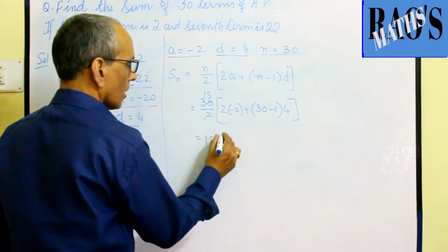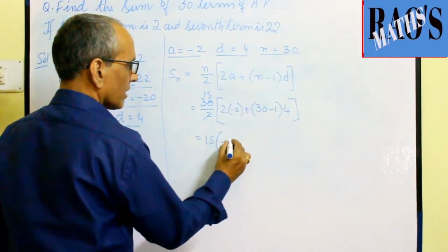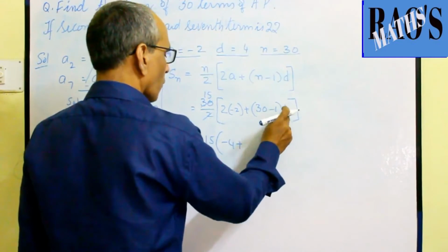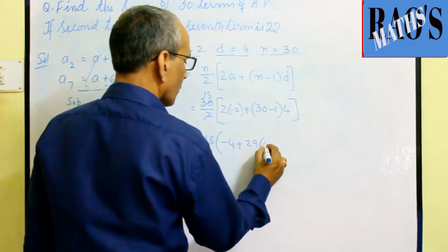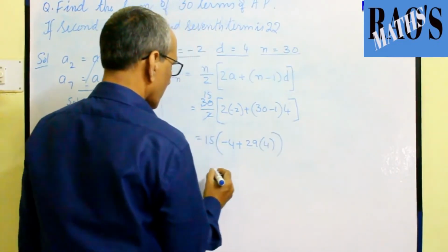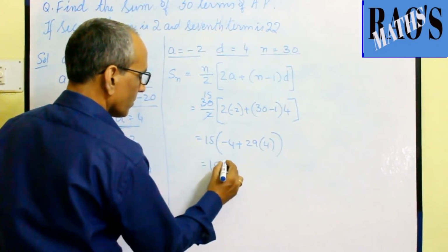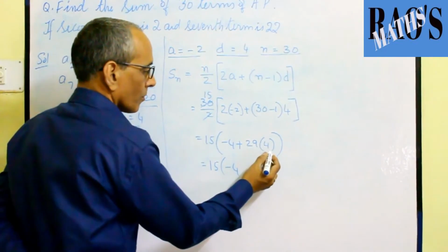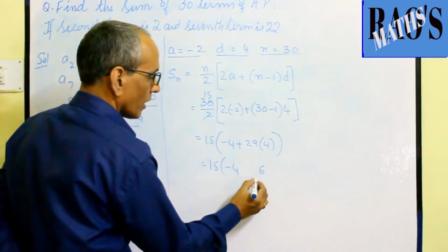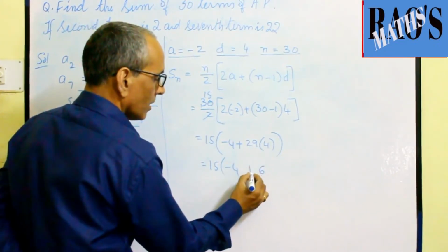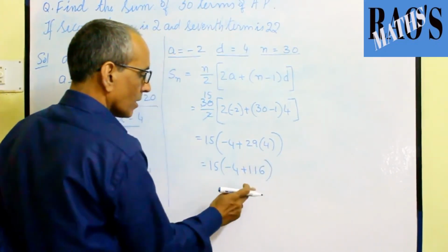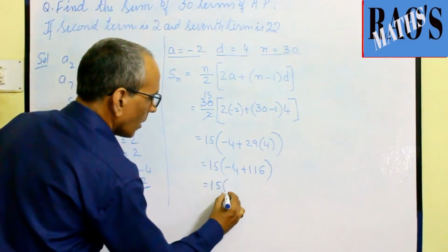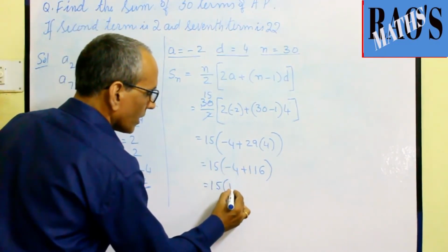So 15 of 2 of minus 2, minus 4, plus 30 minus 1, that is 29, 29 of 4. 4 nines are 36, 4 twos are 8 plus 3, 11, so 116 minus 4. So 15 of 116 minus 4, that is 112.